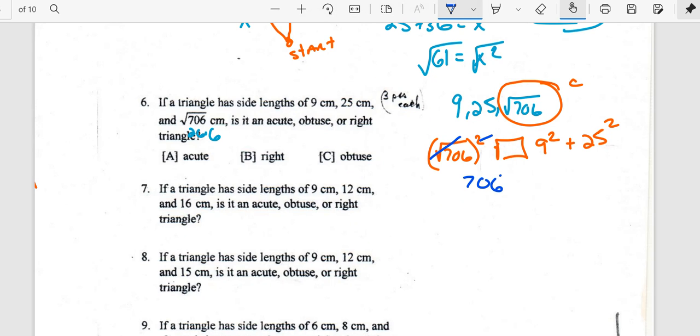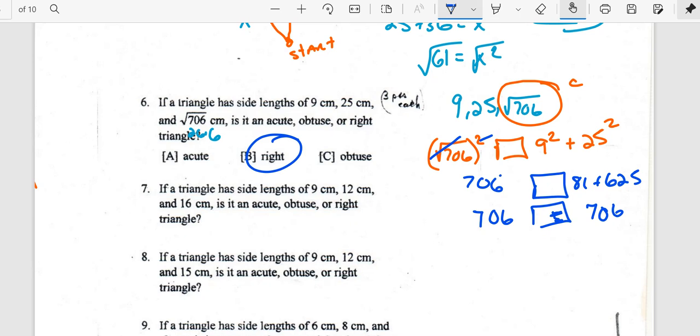So I just end up with 706 equals 81 plus 625. 81 plus 625 is equal to 706. Put the equal sign to it. Any questions? They're both 706. They're equal. If they're equal, the triangle's right.